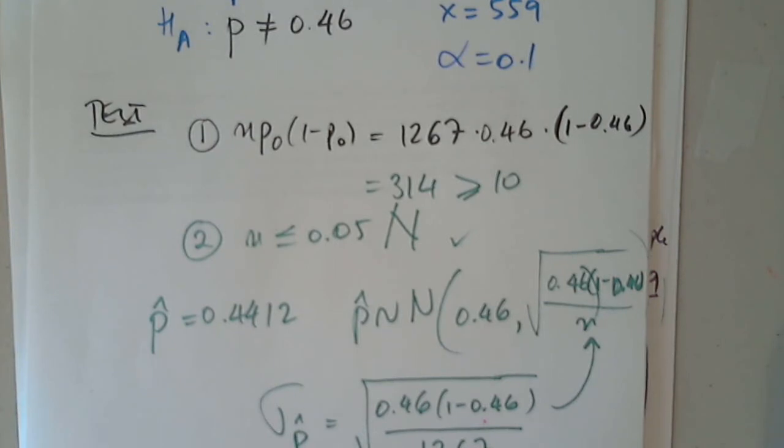Okay, so here it is. The sample proportion is 0.44. Why did it not give me the p-value? Maybe it gives me the p-value here. No, it didn't.